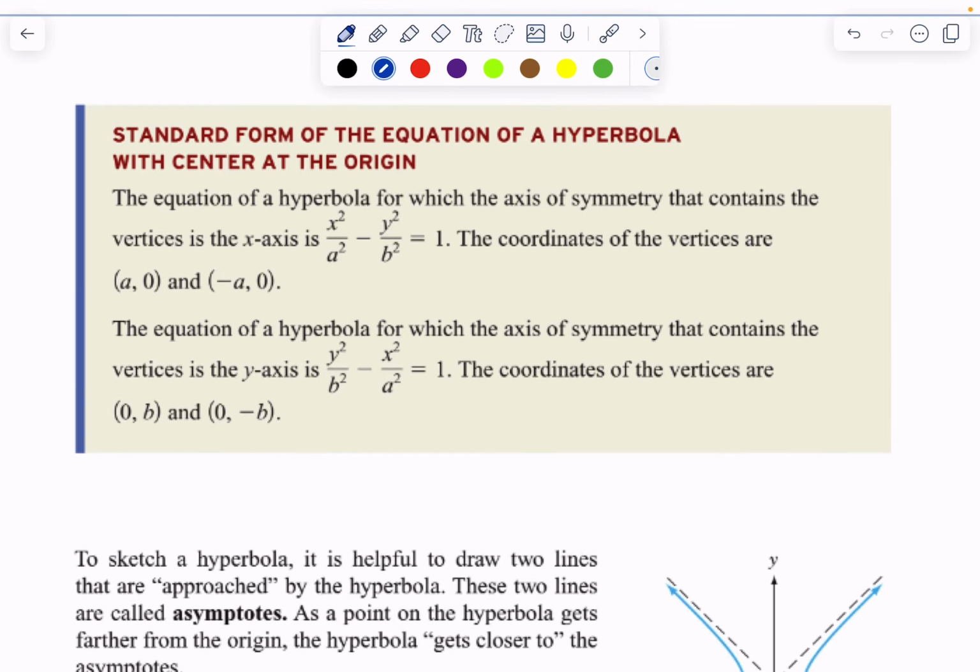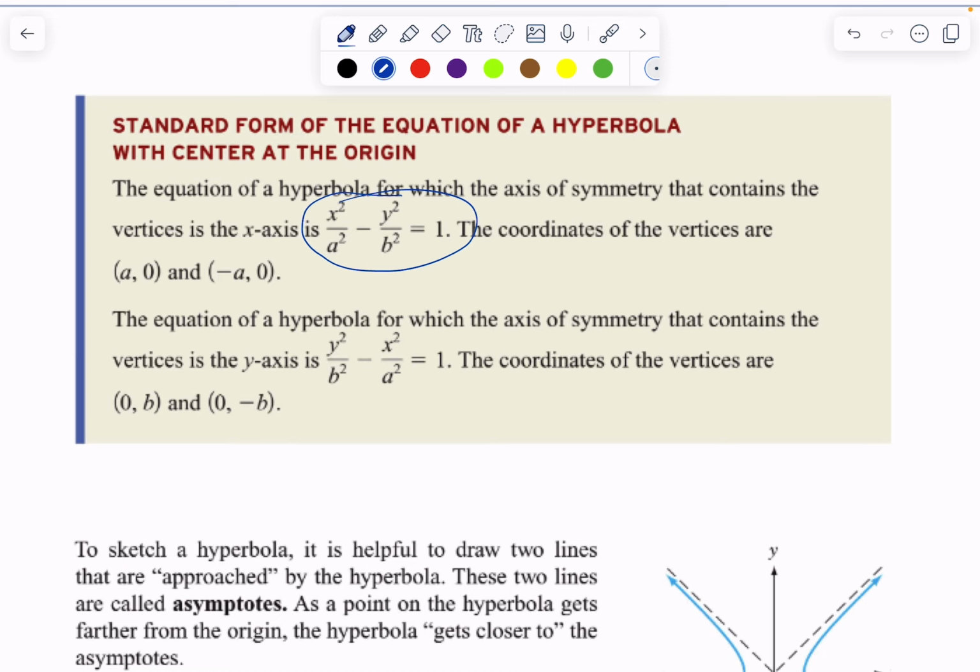The standard form of a hyperbola is going to be, this is centered at the origin for the record, x squared over a squared minus y squared over b squared equals 1. Or the flip of it, where you have a negative 1. I honestly don't love this form of how it's written.